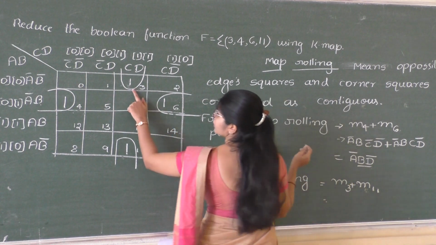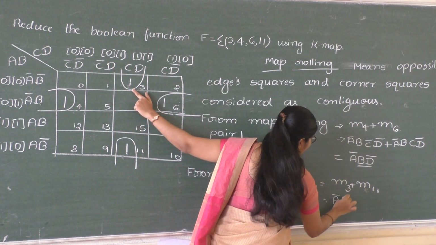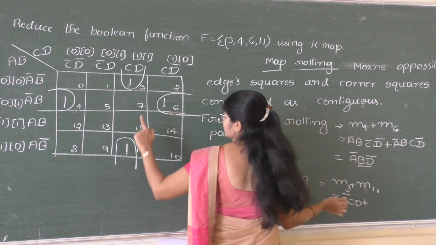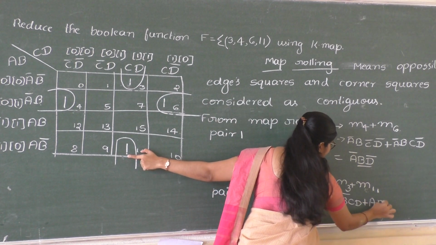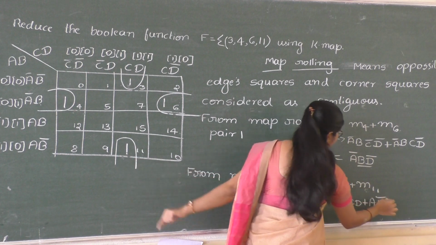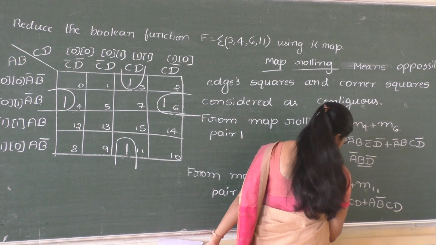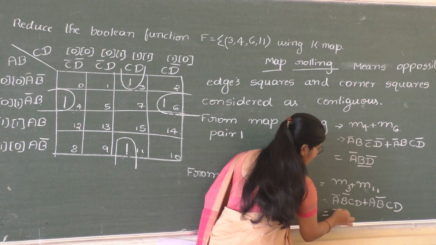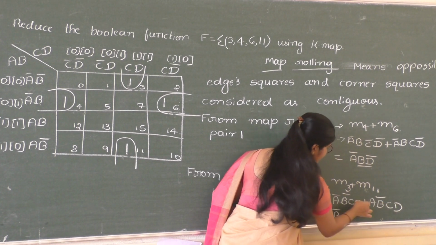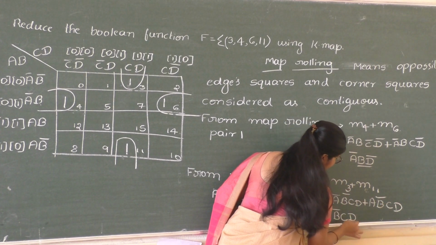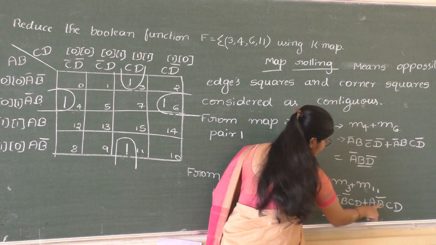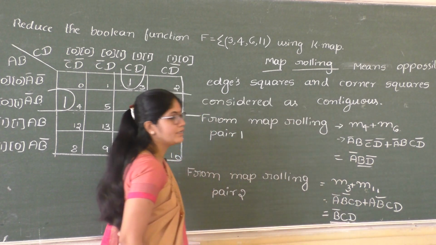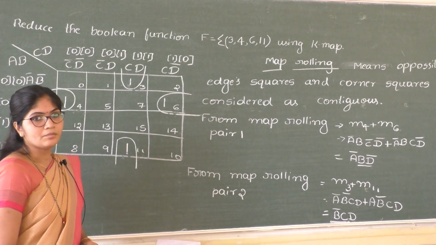Min terms are A bar B bar C D plus A B bar C D. Now, common variables. B bar is the common variable. Next, C. Yes, C is also common. Next, D. So, B bar, C and D are the common variables in the min terms.